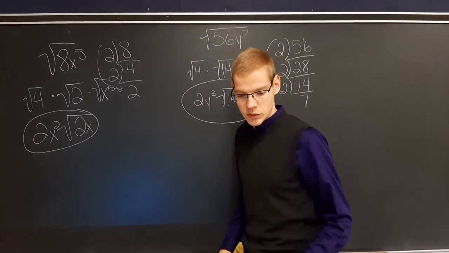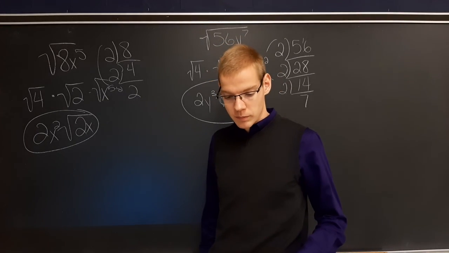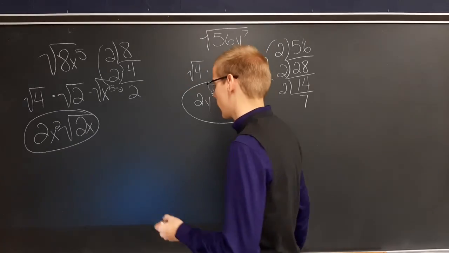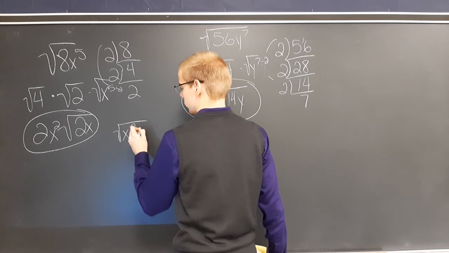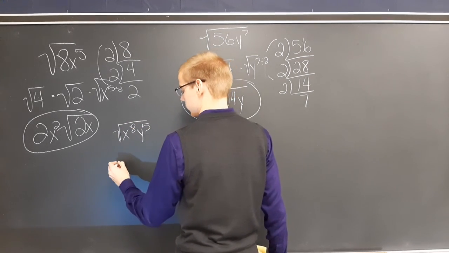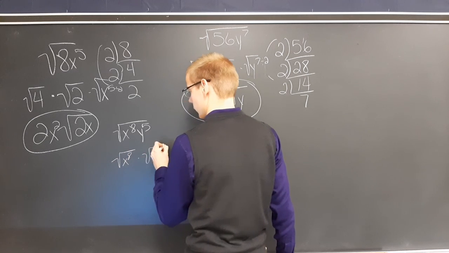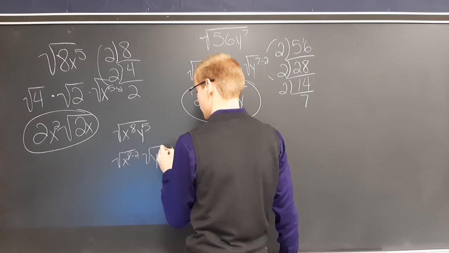Going on to the next one, the square root of x to the power of 8, and y to the power of 5. Divide both of them by 2.